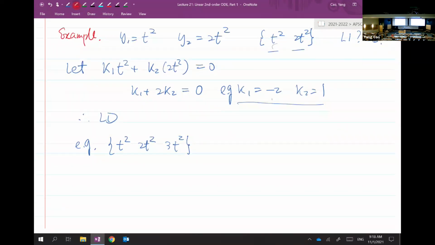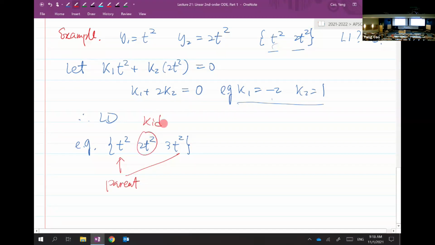If I use an analogy, let's say these two are the parents, and this is the kid. Then you can clearly write down the kid, which is 2t squared. The kid comes from the parents. How would you generate that kid from the parents?